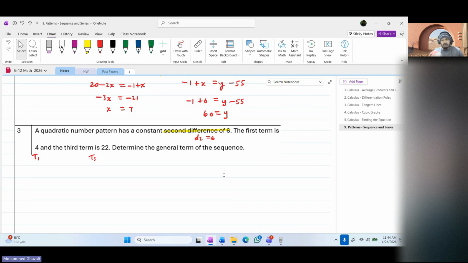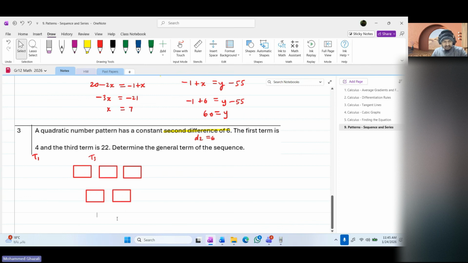How would I solve this problem here? I will draw my diagram, okay? Because they're only talking about the first 3 terms, no other terms, that's why I'm drawing this diagram.